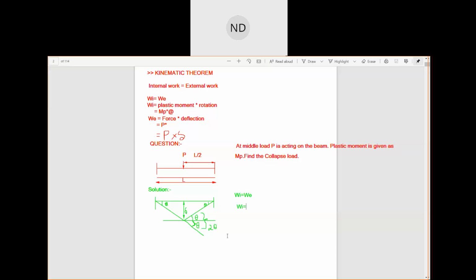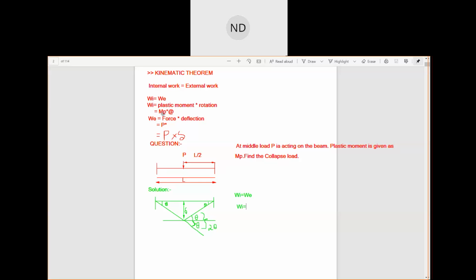One more thing before we go on: where will you have plastic hinges? Whenever you have a fixed support, there you have plastic hinges. This plastic moment occurs in the plastic hinges.